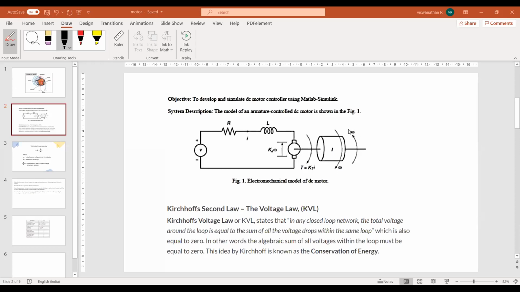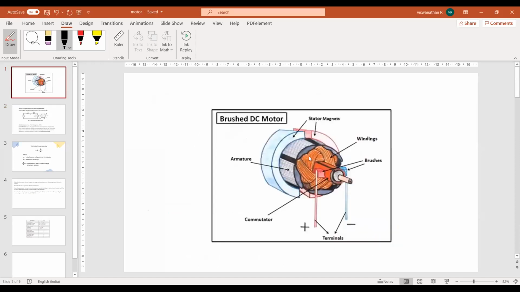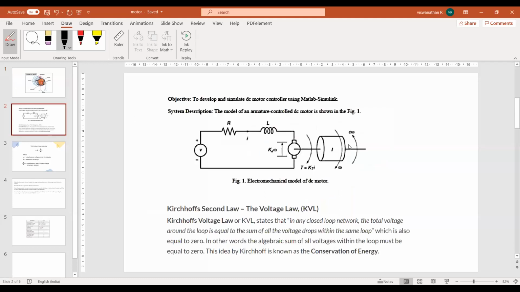And what you see here is C omega, which is nothing but the damping, the damping coefficient C times the angular velocity. It's the opposing motion, because of any friction here which is opposing the torque that is produced. That is taken care of by this C omega.